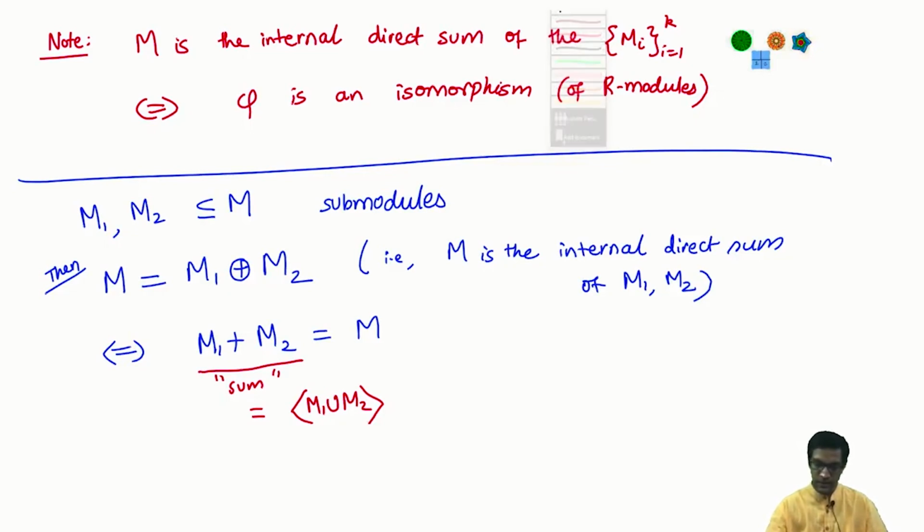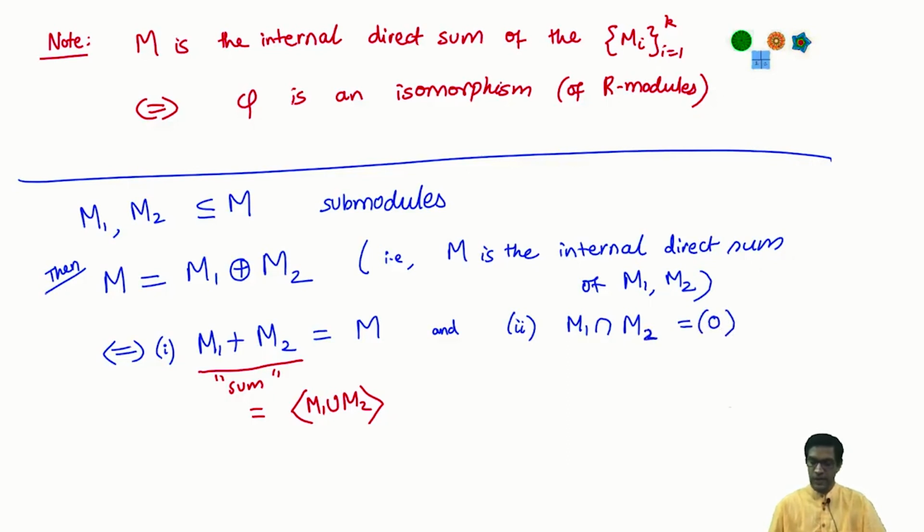Number one, the ordinary sum of these two should be M, and property two, the intersection of these two should be just the zero submodule. I claim that if these two properties are satisfied, then M is just the internal direct sum of M1 and M2.